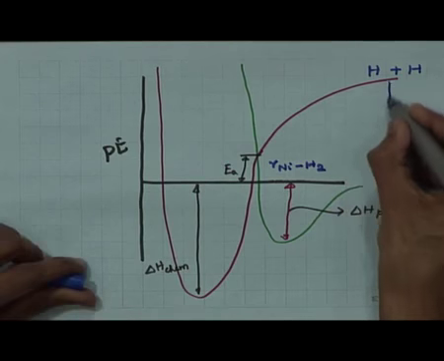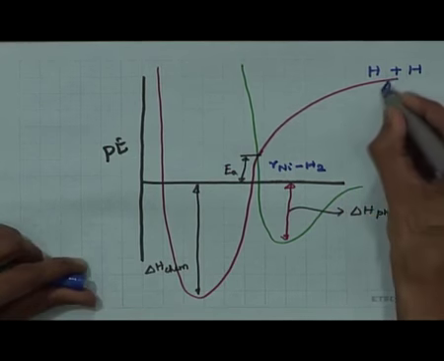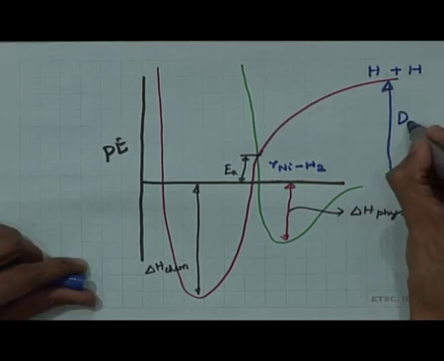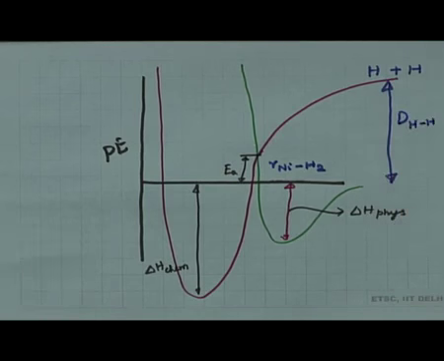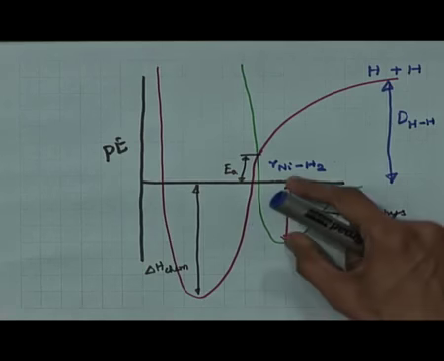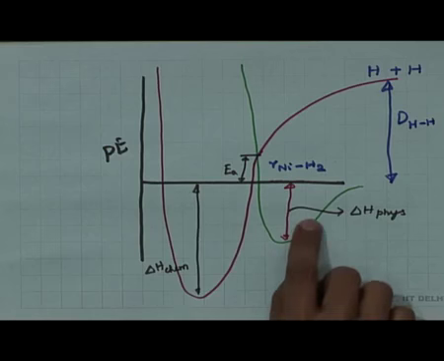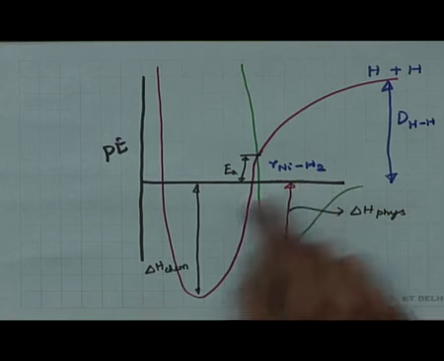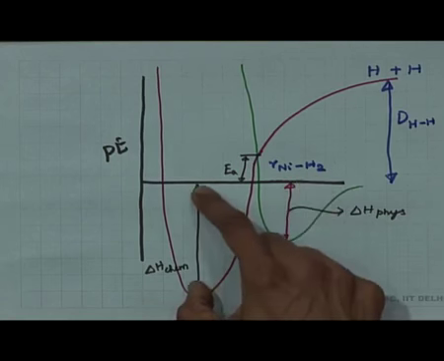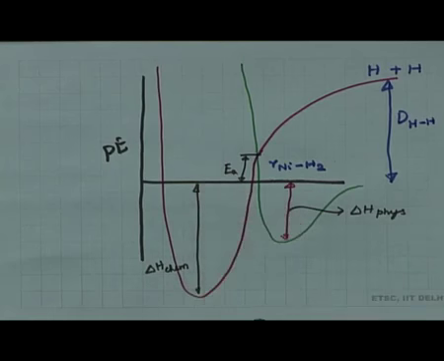So, this energy here corresponds to the dissociation energy of H2. And you can see what is happening. So, this is related to the condensation energy or the enthalpy of condensation of H2. This is bond formation here. So, this is going to be much deeper.